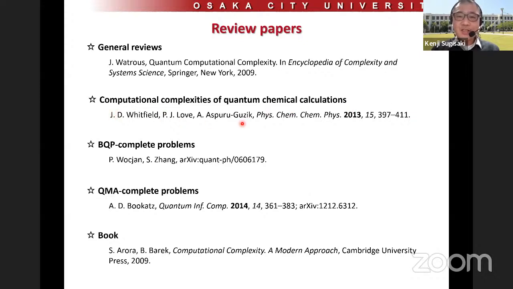This paper is also available on arXiv. You can find many BQP-complete problems in this arXiv paper. Also, you can find many QMA-complete problems in this paper. If you are more interested in computational complexity, please refer to the computational complexity book.